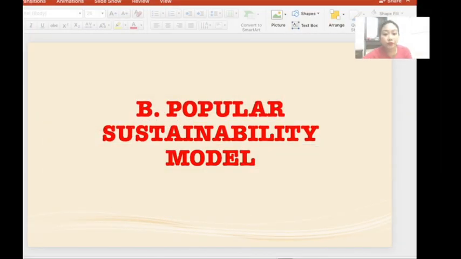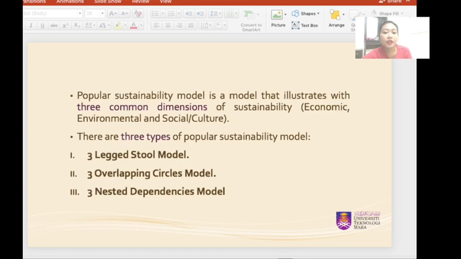Alright, we move on to the next model, which is the popular sustainability model. The popular sustainability model illustrates three common dimensions of sustainability, which are economic, environmental, and also social or culture.